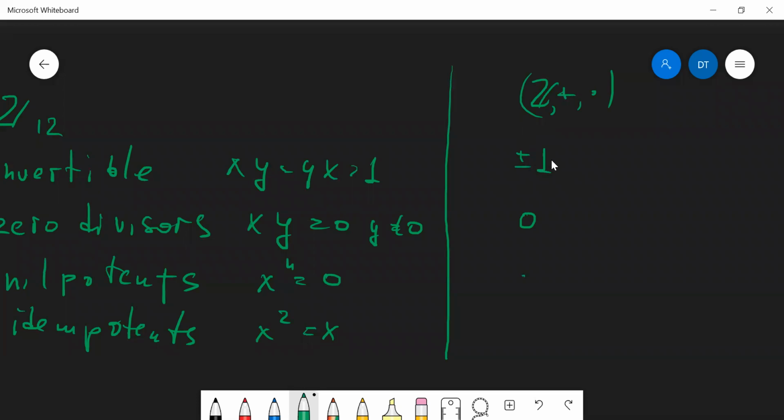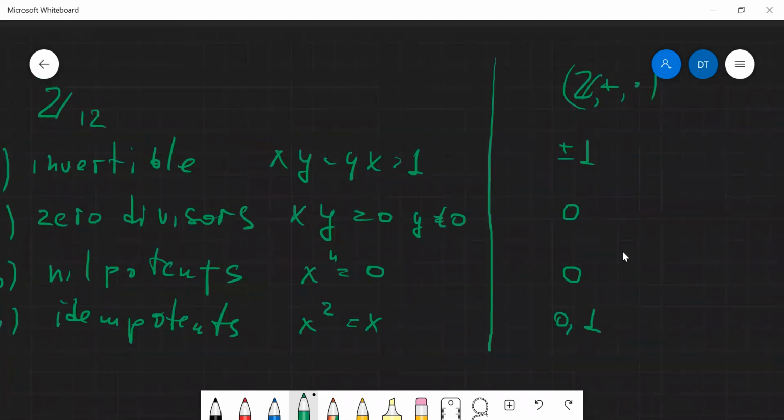Okay, so the only nilpotent element is also 0. And there are only two idempotent elements, 0 and 1. So as you can see, it's not a lot. There are infinitely many elements and only finitely many go inside this classification.